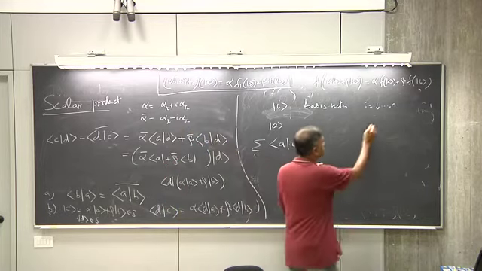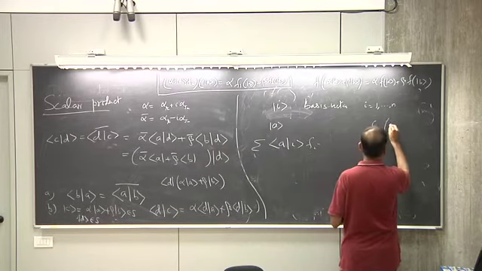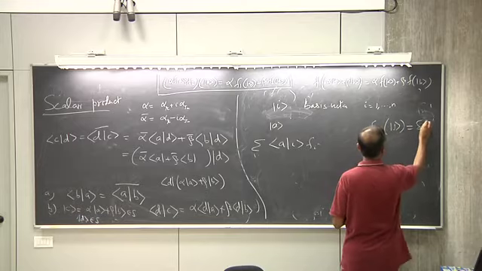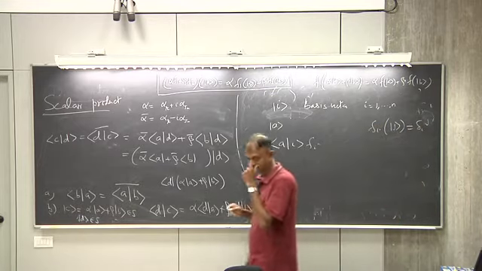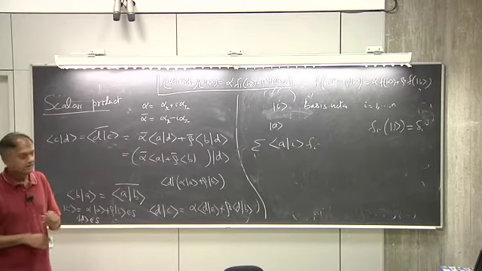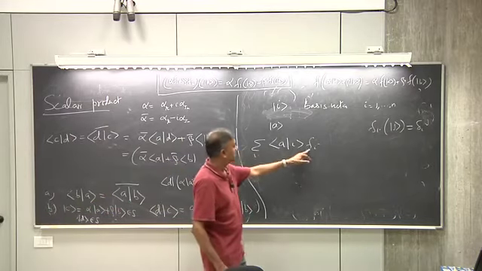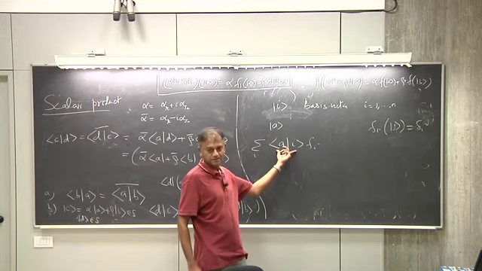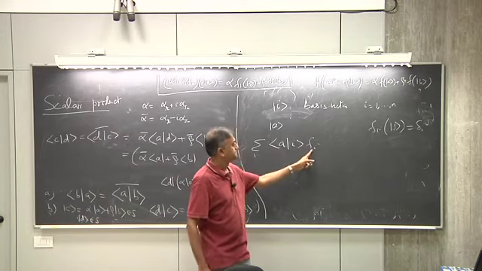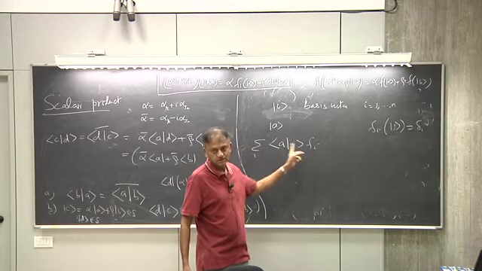What was F_i? F_i was a linear function which was equal to delta ij. So consider this object. This is a linear function. This is an element of S tilde, because these are just complex numbers and these are linear functions, so a sum of linear functions.